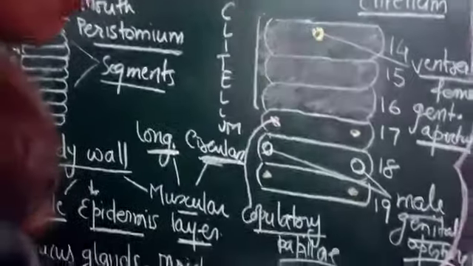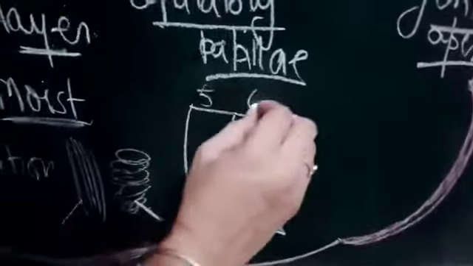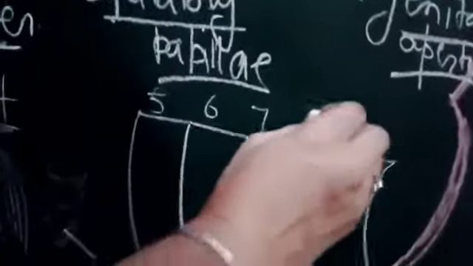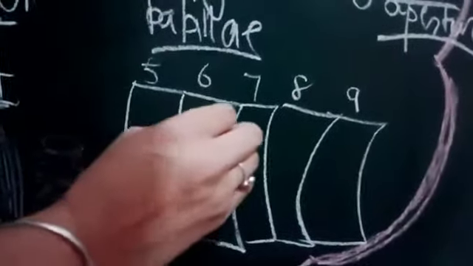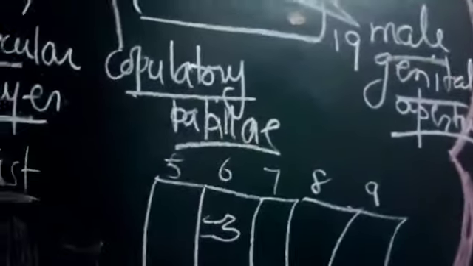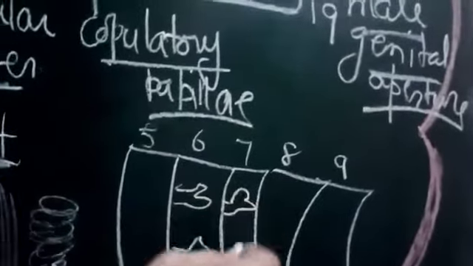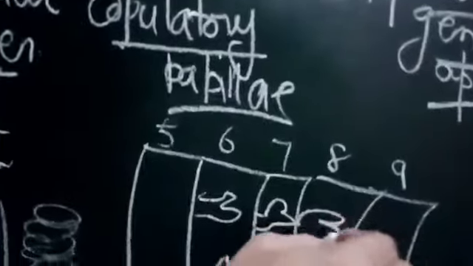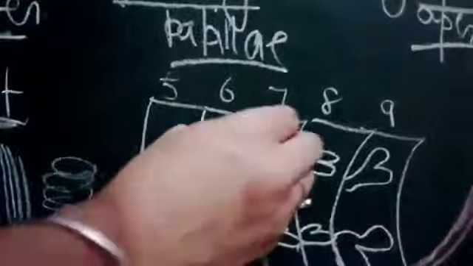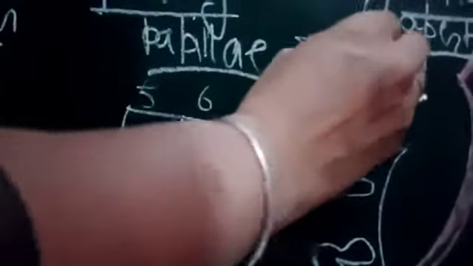There is one more structure present in the 6th, 7th, 8th and 9th segments. There are balloon-like structures present, one pair in the 6th, one pair in the 7th, one pair in the 8th and one pair in the 9th segment. These are called spermatheca.